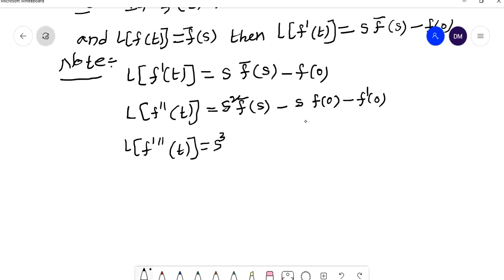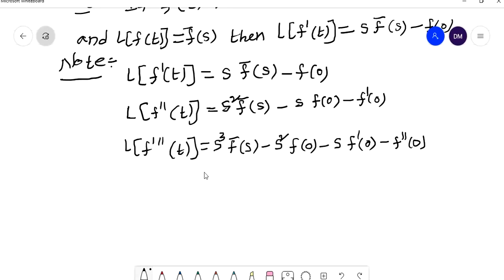So s power 3 into f bar of s minus, reducing the power of s, s square into f of 0 minus s into f dash of 0 minus f double dash of 0, right? For the third derivative, we have ended with the second derivative.